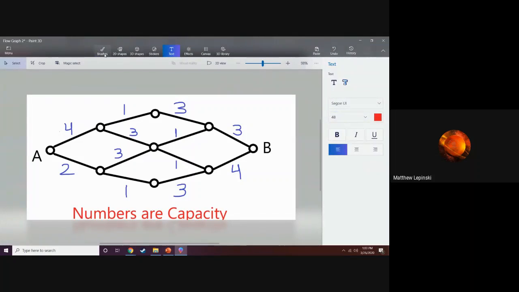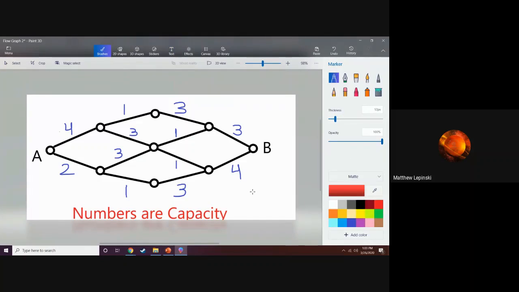So one way, for example, that I could send water is to send 2 units of water here, and then send that water here, and then I could split. So this is like 1, 1, 1, 1. These pictures are not great. This is another 2. So in this flow, I send 2 units along this edge, 2 units along this edge.